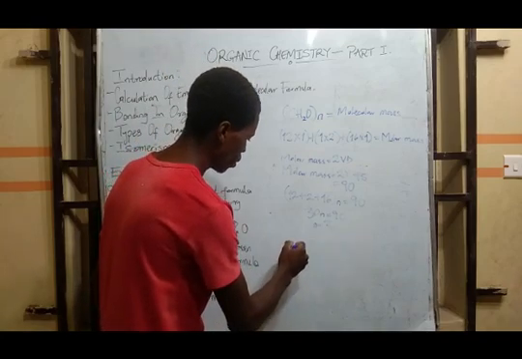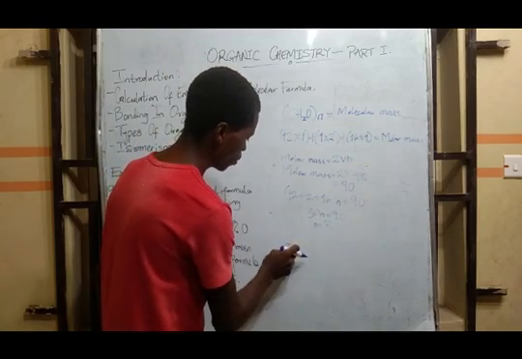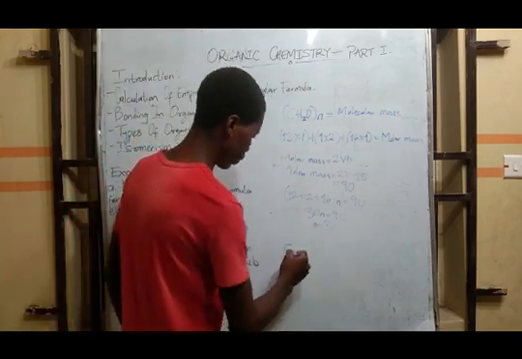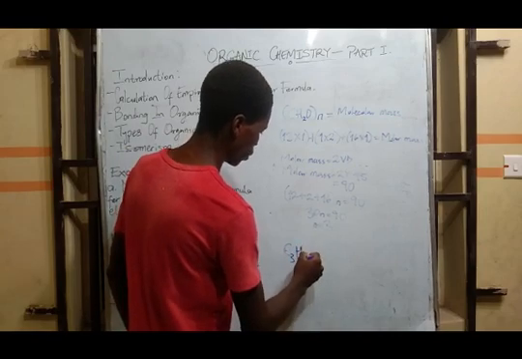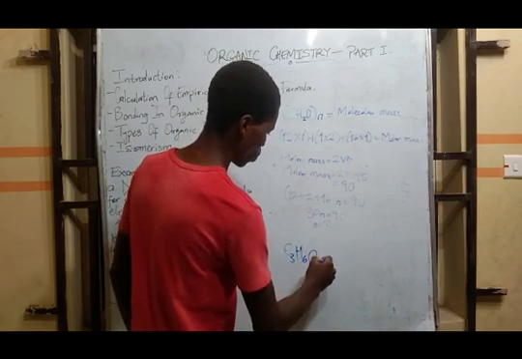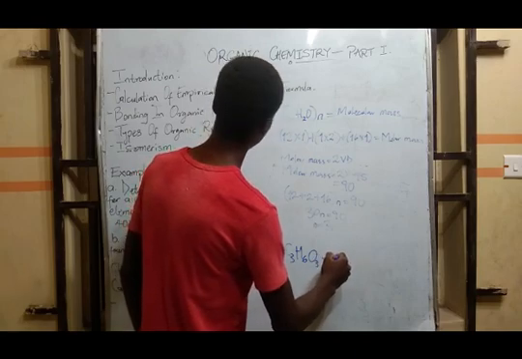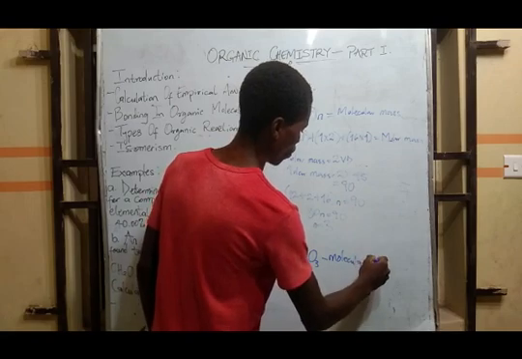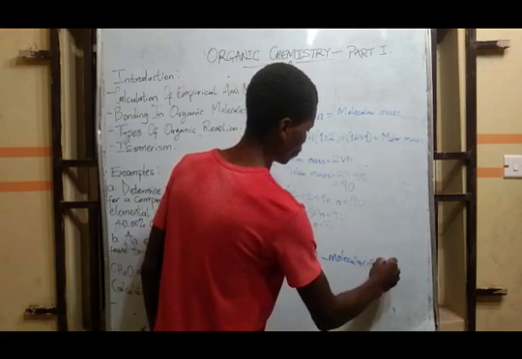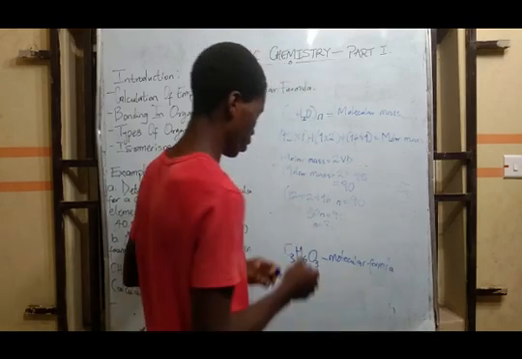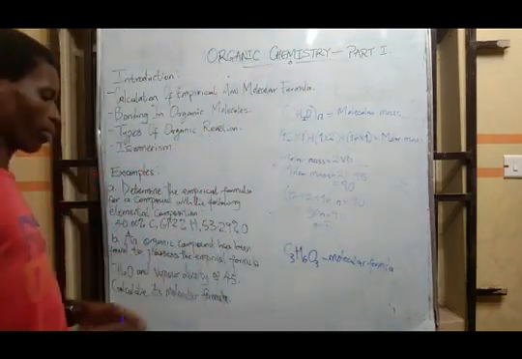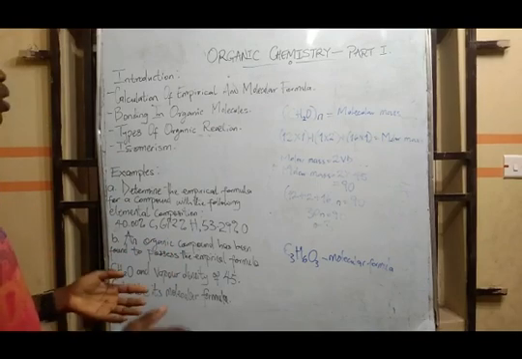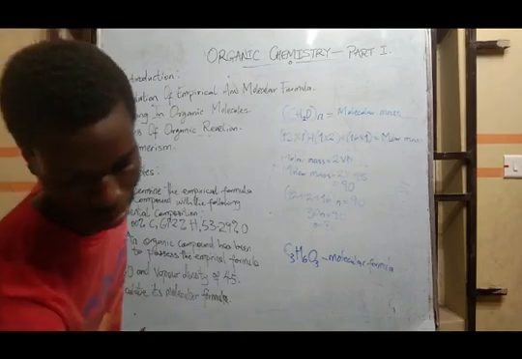So we have C3H6O3 for our molecular formula. So this is just the simple way of solving empirical formula and molecular formula.